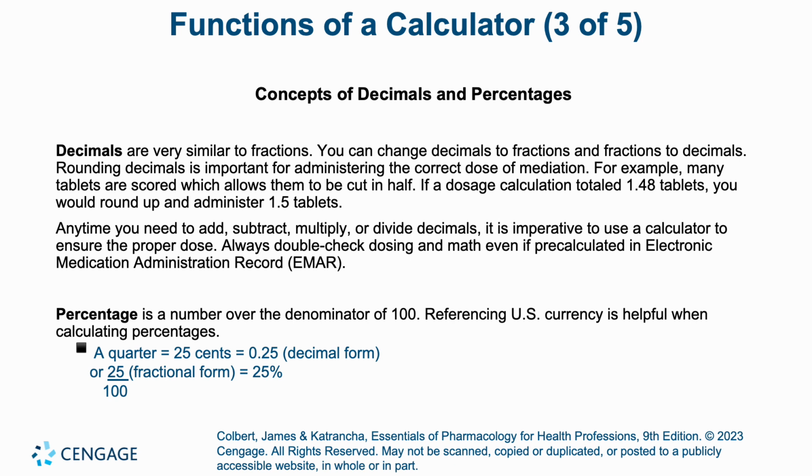If a dosage calculation totaled 1.48 tablets, you would need to round up and administer 1.5 tablets. There's no way that you would be able to cut it with that tiny little decimal, so you have to round it to the nearest 0.5.